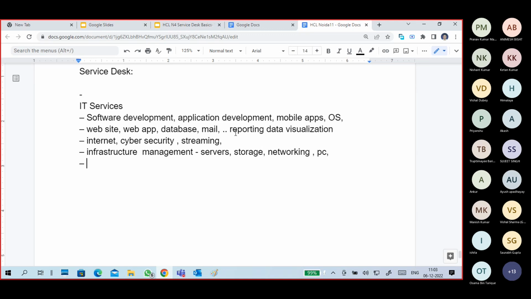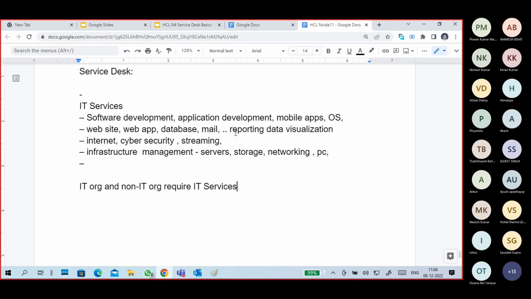Both IT companies and non-IT companies require IT services. IT organizations and non-IT organizations require IT services.